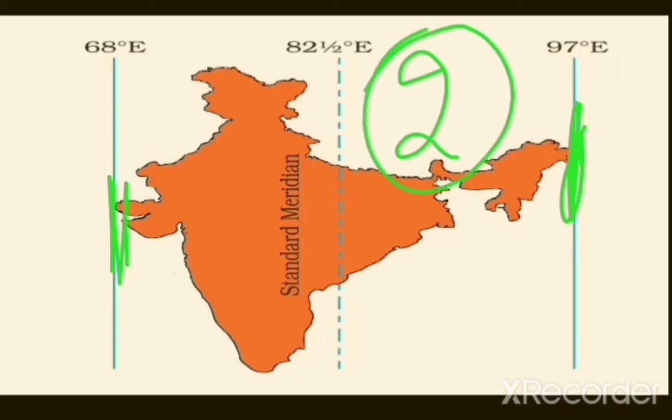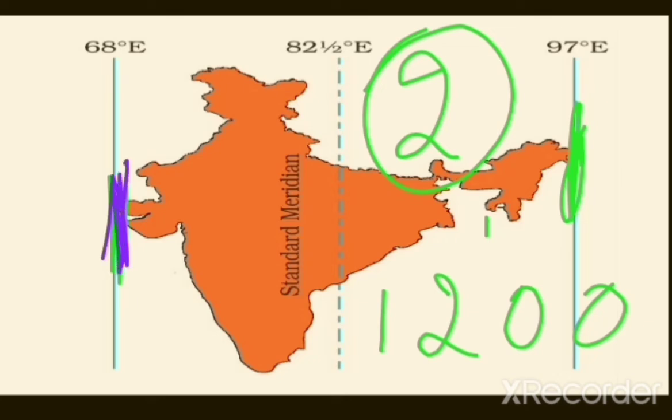Let us understand, if at this point, in Arunachal Pradesh, it is 12 o'clock, अगर दोपहर के 12 बज रहे हैं यहाँ पर, तो यहाँ पर क्या टाइम होगा? इस एरिया में, गुजरात वाले एरिया में क्या टाइम होगा? यहाँ पर सुबह के 10 बज रहे होंगे.